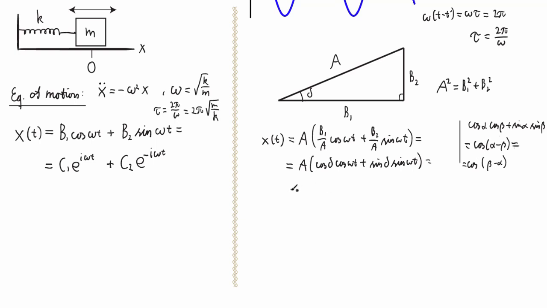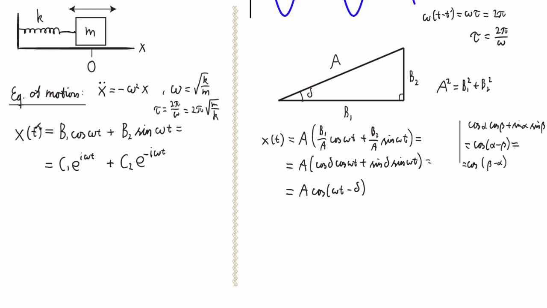So with that, I can easily rewrite this as a times cosine of omega t minus delta. So we can write that now as another way of writing the solution to a harmonic oscillator. It's just a cosine of omega t minus delta.